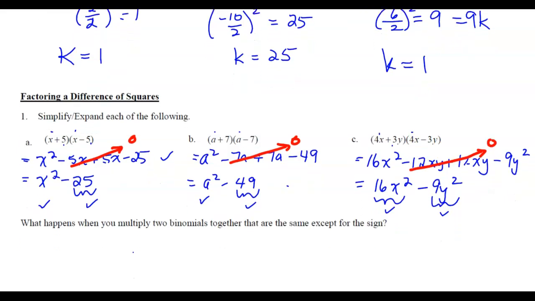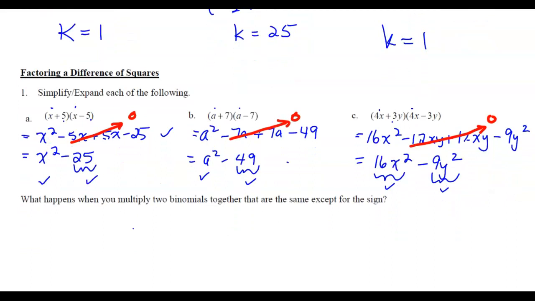So when we multiply 2 binomials together that are the same except for the sign, and I'm just going to put here, they're called conjugates, binomial conjugates, or just conjugates. That's what they are: 2 binomials that are the same except for the signs.